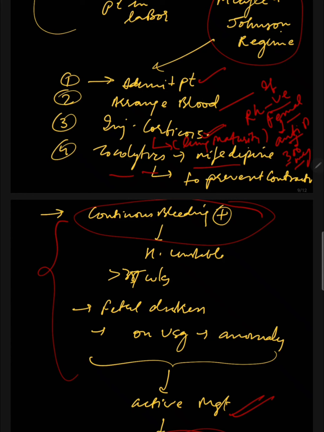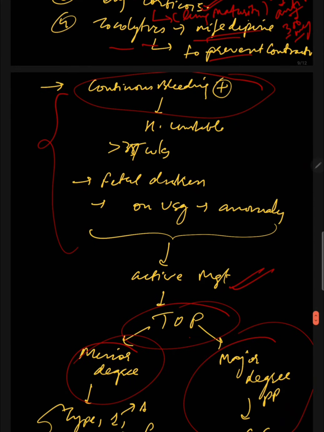We'll give corticosteroids if she is less than 37 weeks, to attain lung maturity. We can give tocolytics, nifedipine, to prevent contractions, because ultimately we want to continue the pregnancy till 37 weeks. We do not want premature delivery.